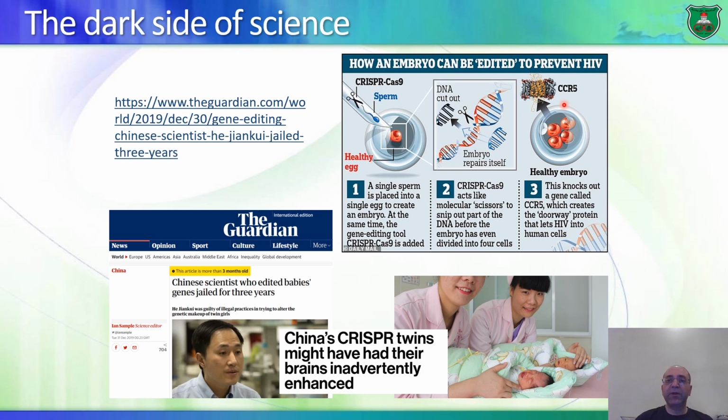So by disrupting this gene, these girls are protected against HIV. However, this gene also seems to be important for intelligence. And we don't know what would happen to these girls. What he did was so unethical. He was imprisoned actually for 3 years by the Chinese authorities. So, bad things happen.